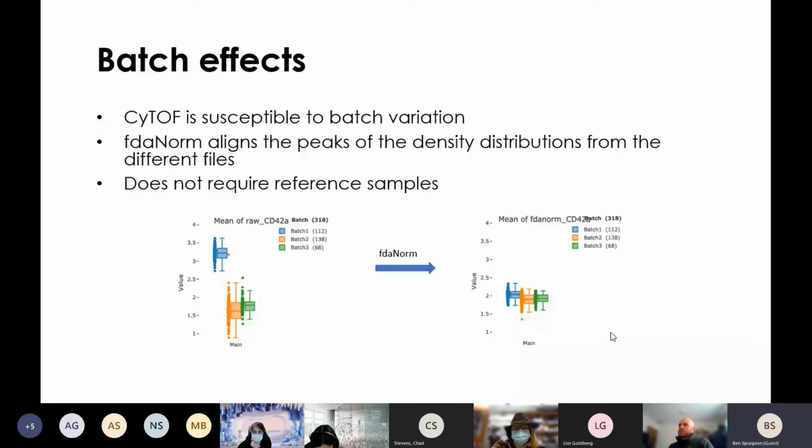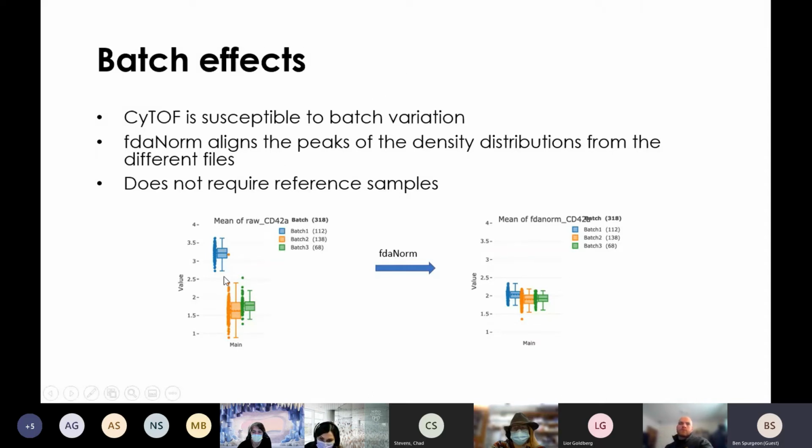One of the tools that we've been looking at to correct for this variation is called fdaNorm. And this is available on OMIQ, which is where we perform this analysis.